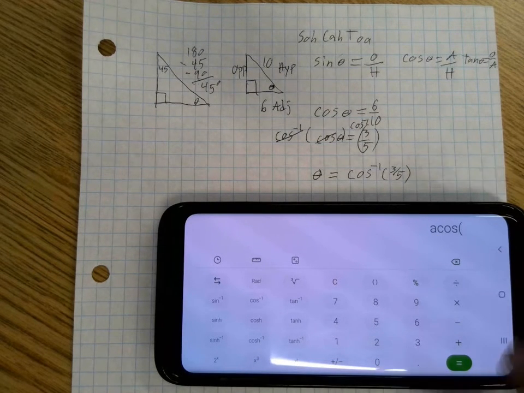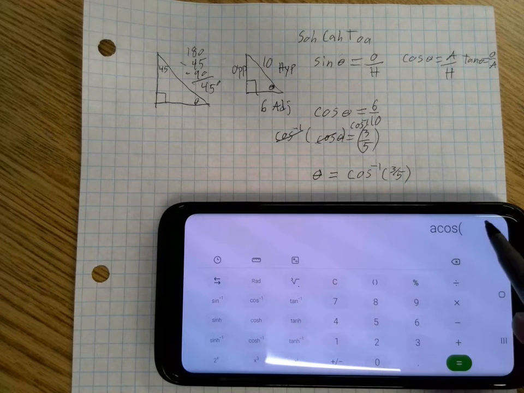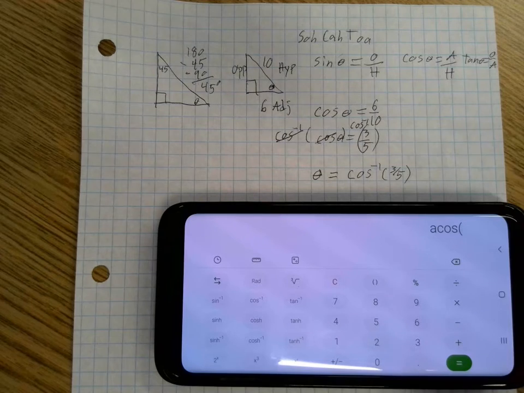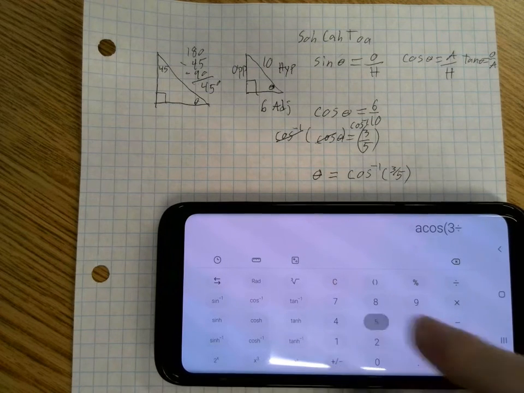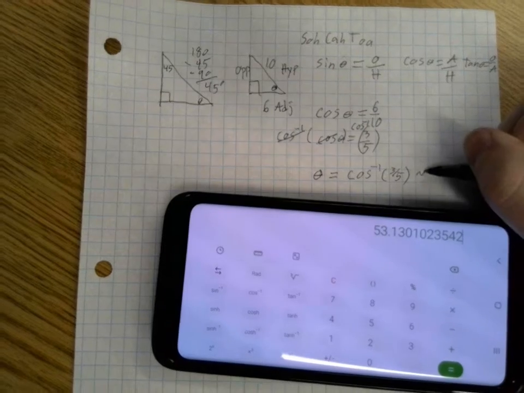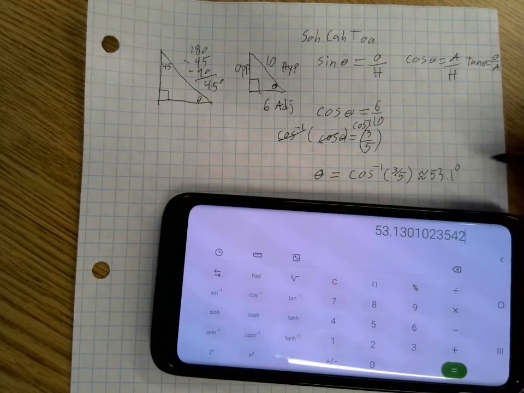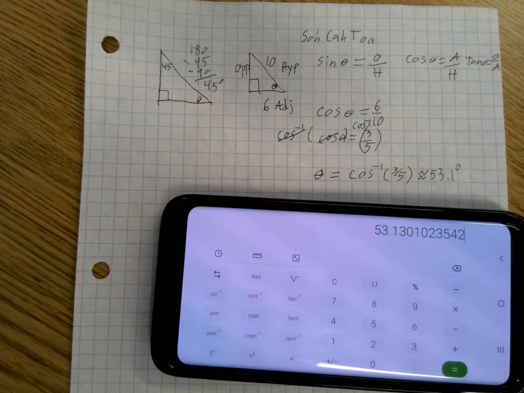This basically stands for arc cosine, which is in essence just inverse cosine. And I'm going to do, not 35, 3 divided by 5. And that gives me approximately 53.1 degrees. And that would be the measure of that angle.